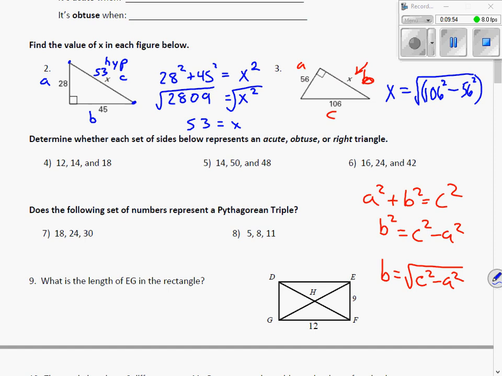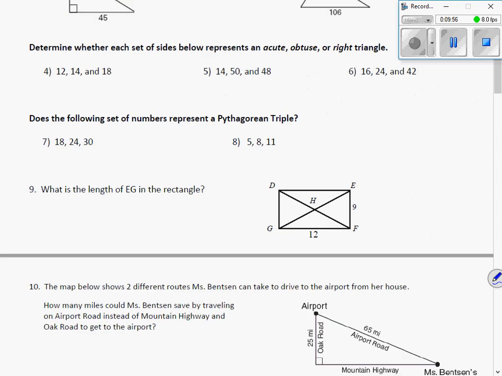All right, we're going to do 7 and 8 first, and then we're going to come back to 4, 5, and 6. So if we're going to figure out whether it's a Pythagorean triple, then the numbers have to fit into the Pythagorean theorem perfectly. So if you're looking at number 7, 30 is the only one that could be our hypotenuse.